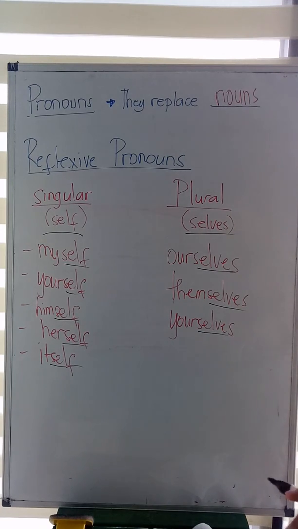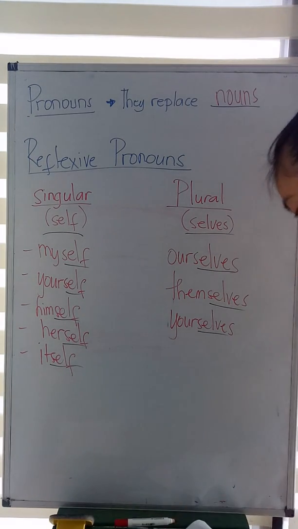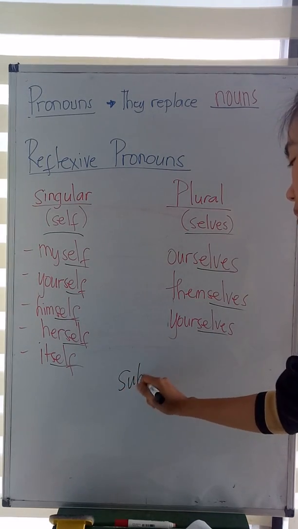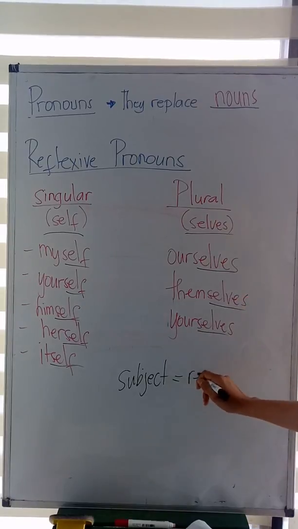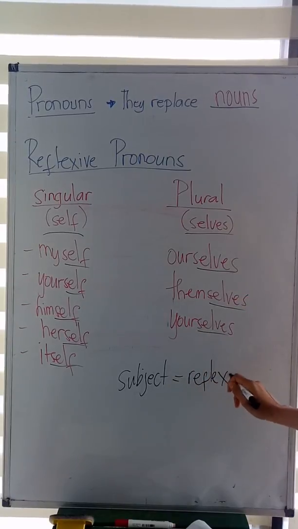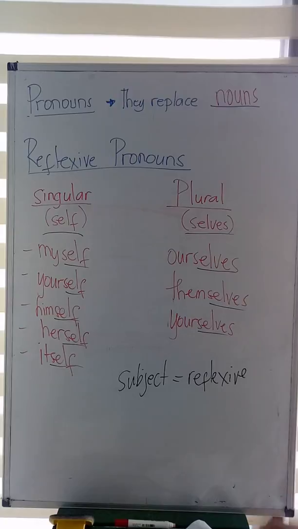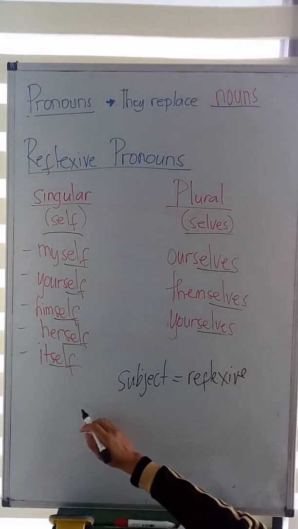And with the reflexive pronoun, you have to remember as well that the subject of the sentence is the same as your reflexive pronoun. All right, it's always the same. Like for example, I will write a sentence here.